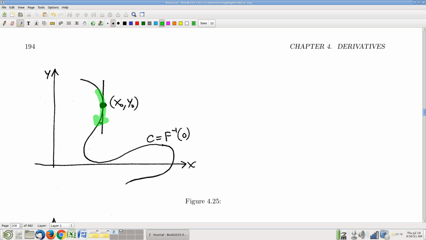It's the fact that it has wrapped under itself that is causing the vertical line test, which hits there, to also hit there, and thus fail. So the wrapping under itself.